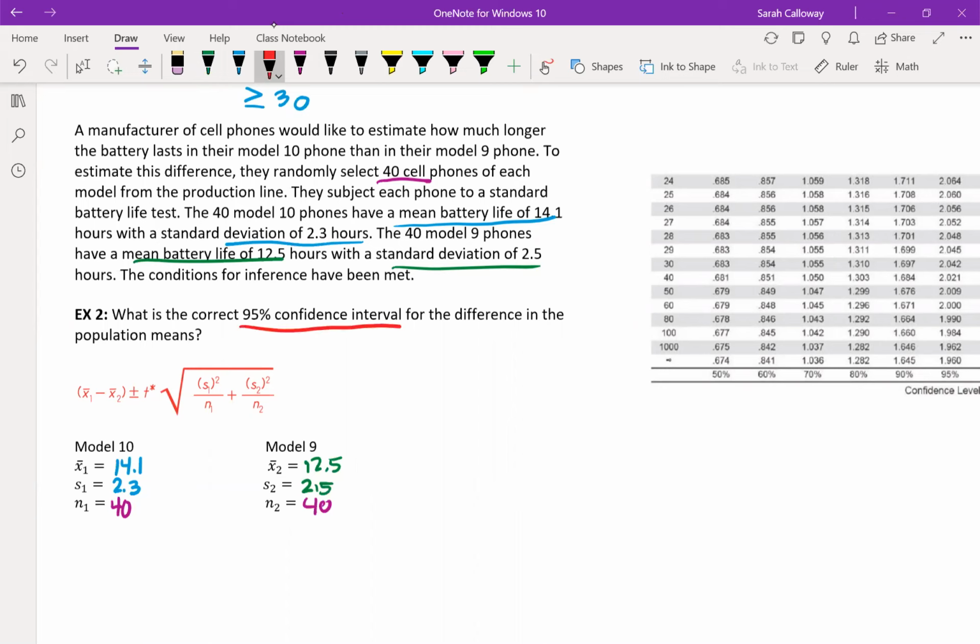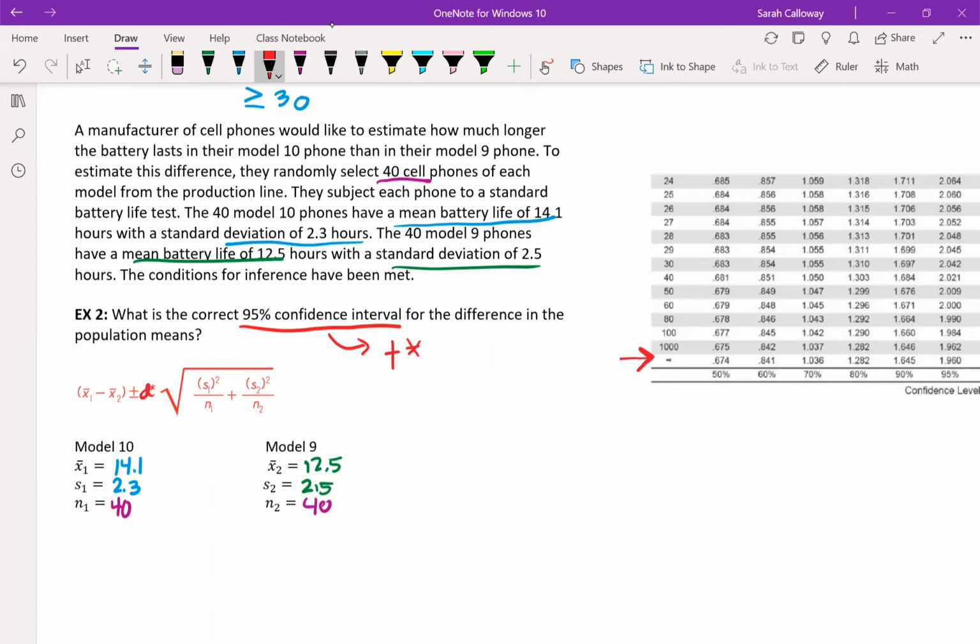So remember that we're looking at this infinite degrees of freedom to figure out the confidence interval value for t star. Okay, so in our formula, we've got t star.